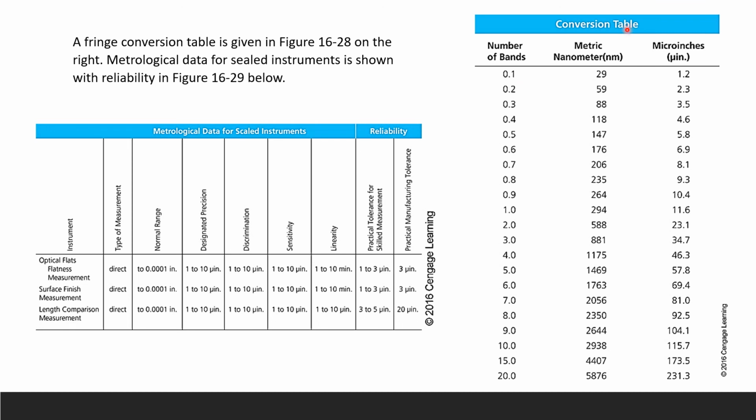So here in the conversion table, you can see these are your number of bands, then that's your metric nanometer, and then that's your micro inches, British, and then that's metric. Here on this side, you can see your instrument. Your measurement is direct, your range, your precision, discrimination, sensitivity, linearity, and your reliability. Okay, that's our standard table for metrological data. In this case, our optical flats.